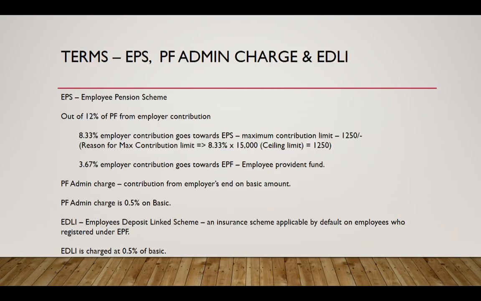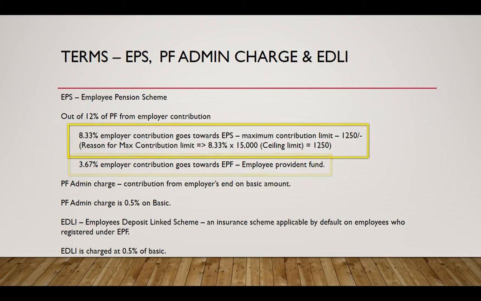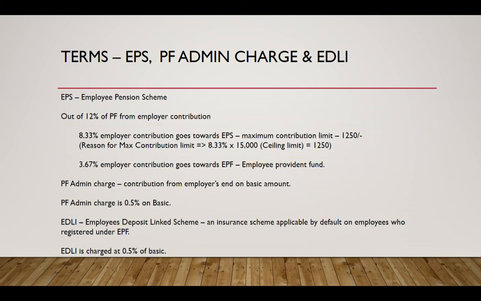Now there are a few things you are required to know regarding the employer's contribution in Provident Fund. When the employer contributes 12% of basic towards Provident Fund, out of that 12%, only 3.67% goes towards Provident Fund, and the remaining 8.33% is contributed towards EPS, which is Employee Pension Scheme.